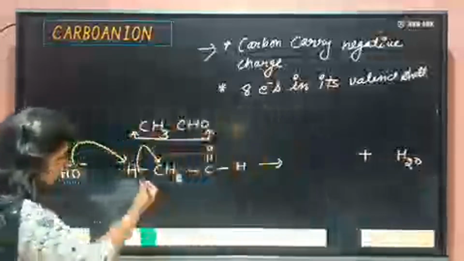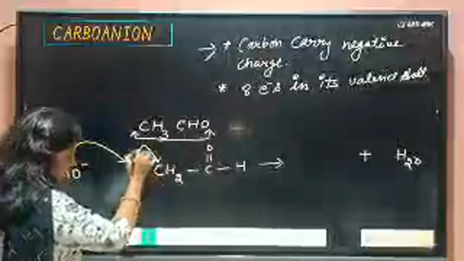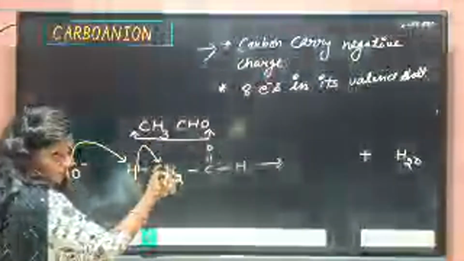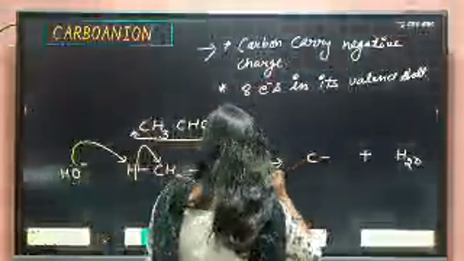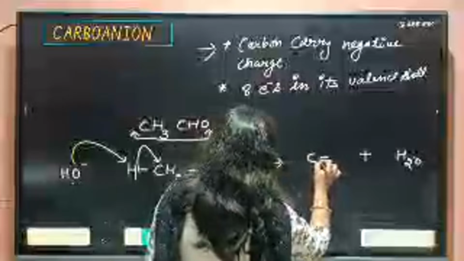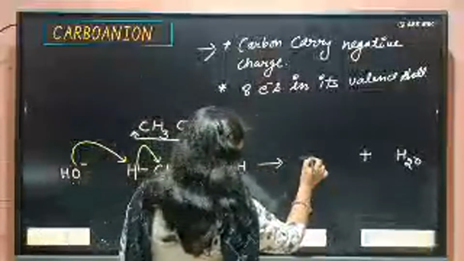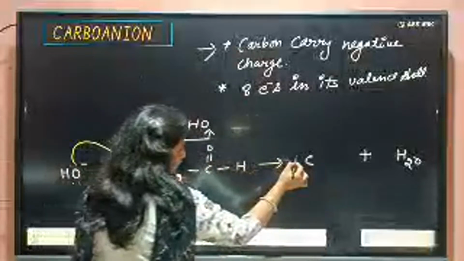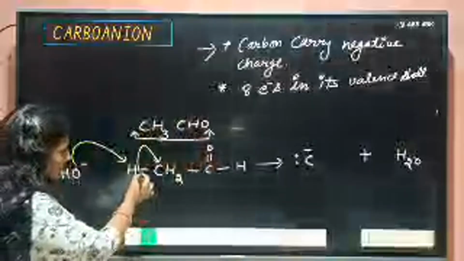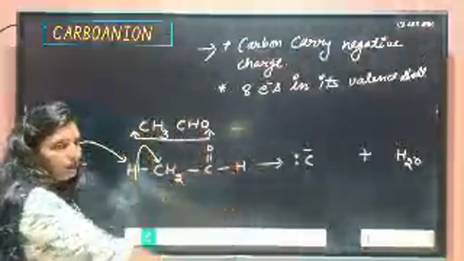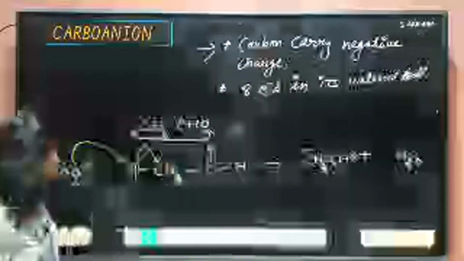Plus electrons of these bonds are accepted by this one. If it accepts, then negative charge is attained on this one, and these are the two electrons which are accepted by the group. Clear or not?